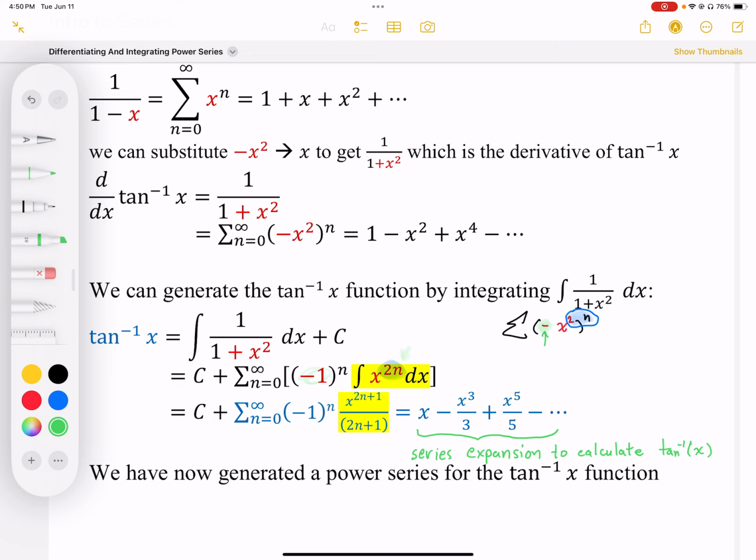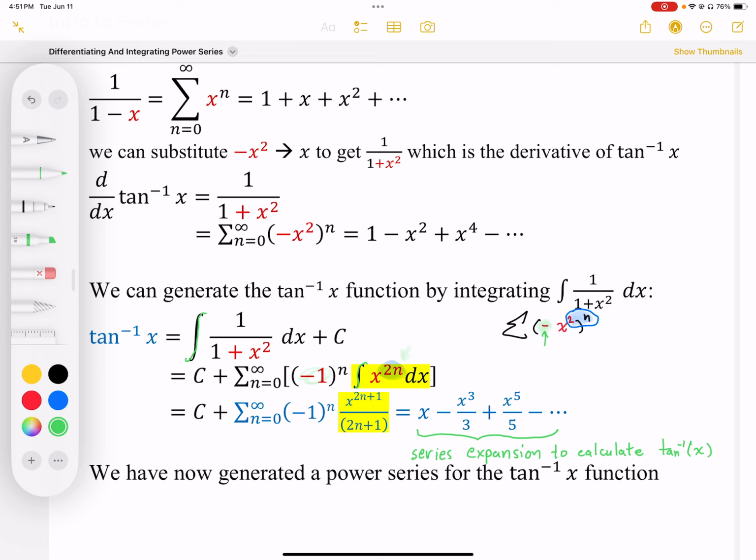What I want to do then is integrate this expression. Notice I have my integral here. I've factored out the parts that aren't going to get integrated, so the negative 1 to the n is not going to get integrated. Really, I'm just going to integrate that x to the power 2n. The integral of that expression gives me arctan, so the integral of that power series for the same expression should give me a power series for arctan.